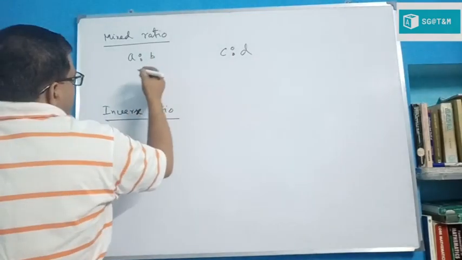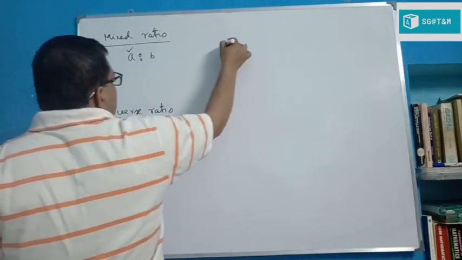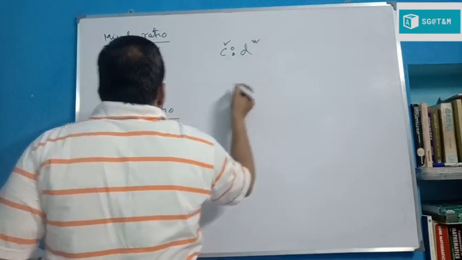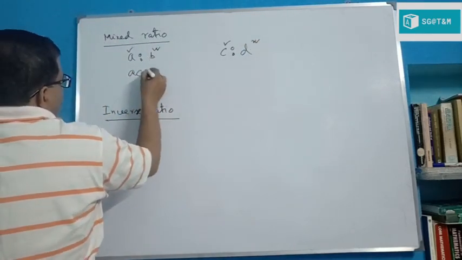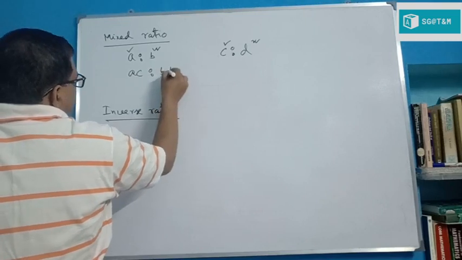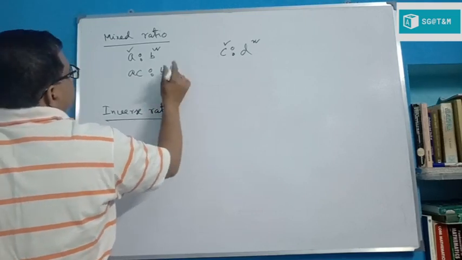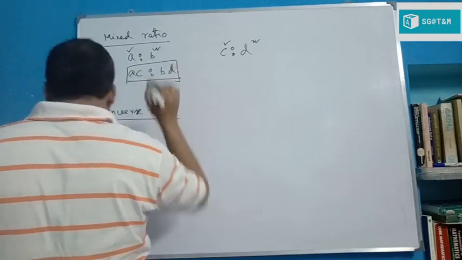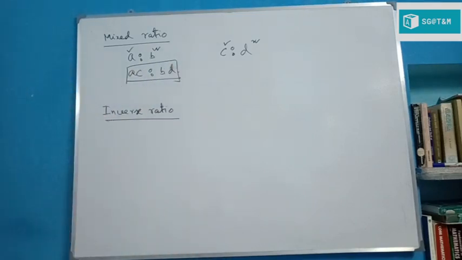If we multiply antecedent with antecedent and consequent with consequent, that means A into C and B into D, then we get the mixed ratio of these two.